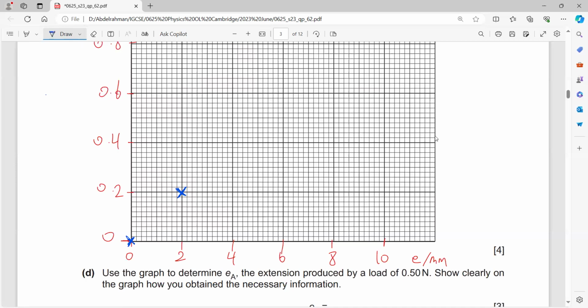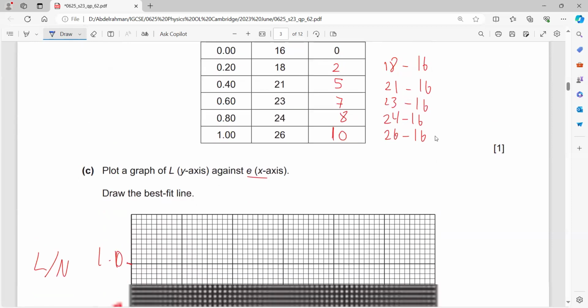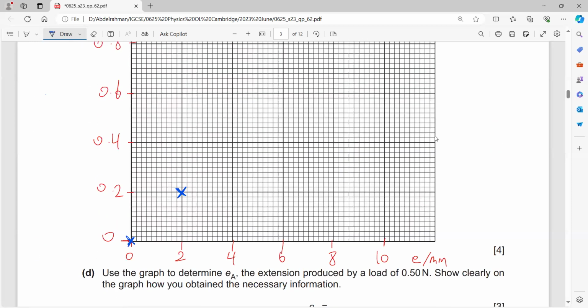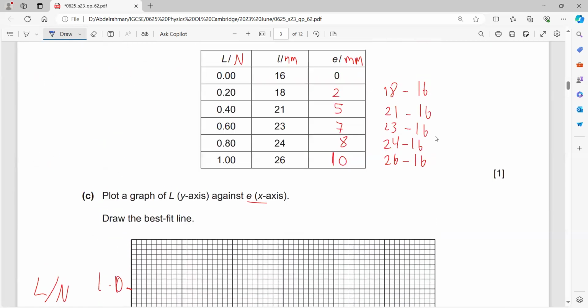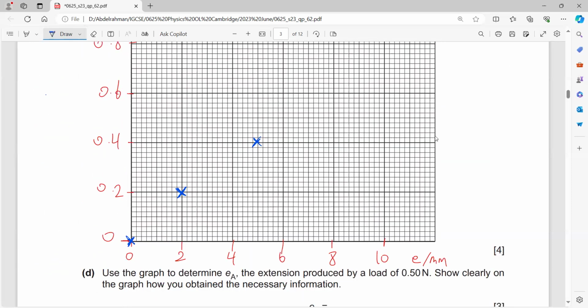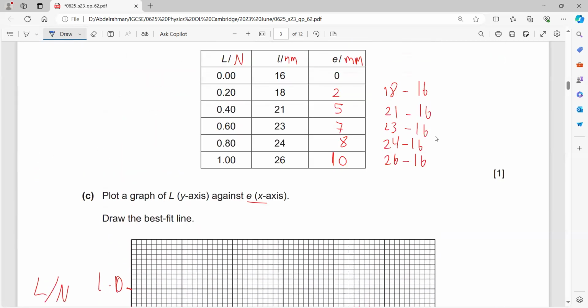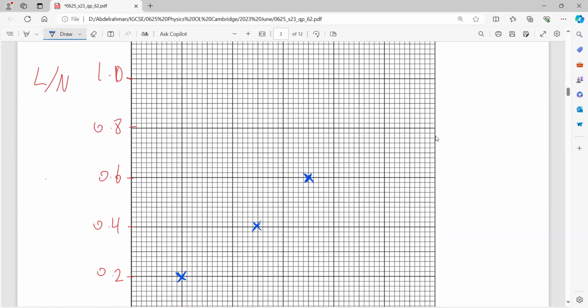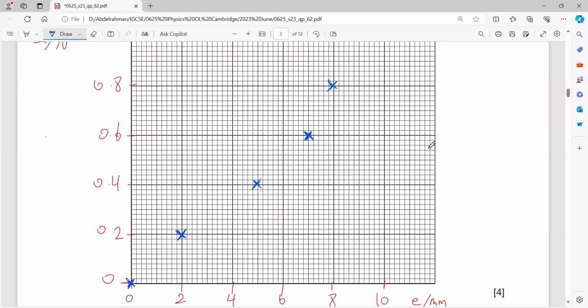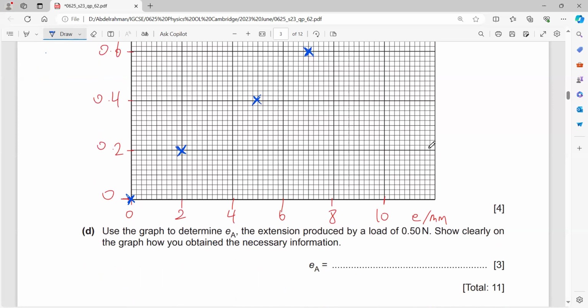The third point is 5 and 0.4, then 7 and 0.6, then 8 and 0.8, and 10 and 1.0.